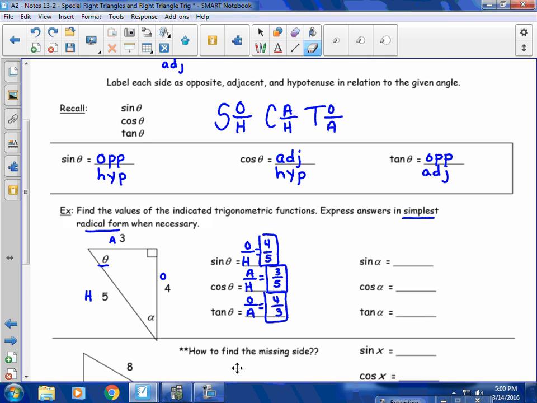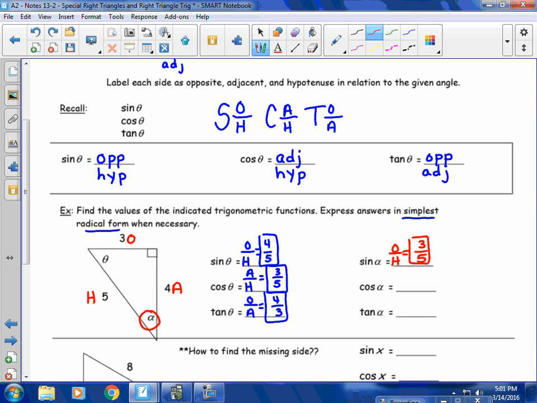Okay, now when I switch to alpha, that's what this little guy is over here, that's alpha. Hypotenuse doesn't change. Hypotenuse is still hypotenuse. But now, if I'm talking about alpha, then 4 is the adjacent side, 3 is the opposite side. So sine of alpha, opposite over hypotenuse, opposite is 3, over hypotenuse is 5.